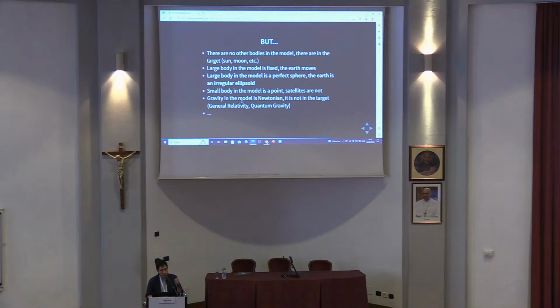So we're going to focus just on one particular idealization assumption here, with the claim that this process would be analogous if we were to focus on any of the others too. So let's focus specifically on this idealization assumption that the large body in the model is a perfect sphere, where the Earth, the actual thing that we're trying to explain, the orbit of the satellite around the Earth, the actual Earth is an irregular ellipsoid.